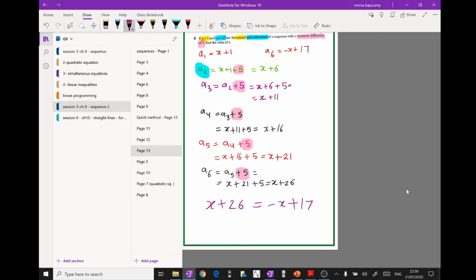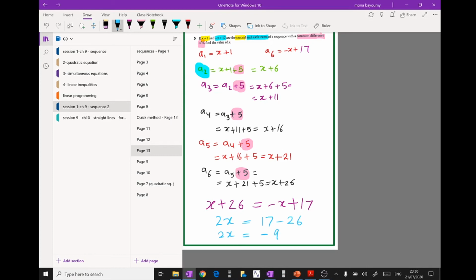Okay, now we will solve the equation. Here x and here negative x, I will change the side, so we have 2x equal to 17 minus 26. So 2x is equal to negative 9.